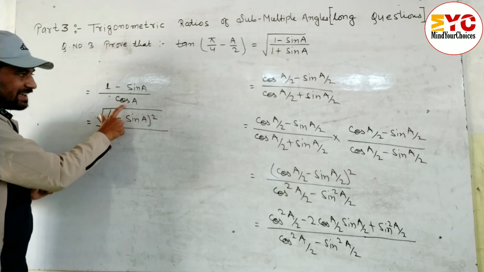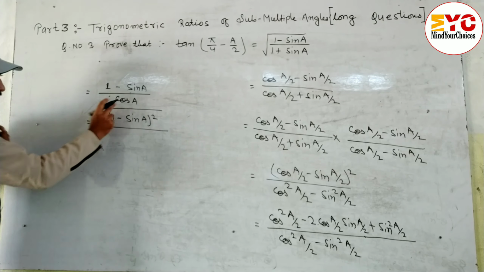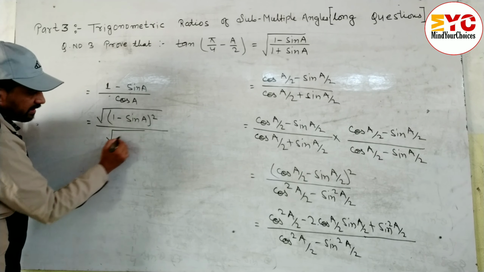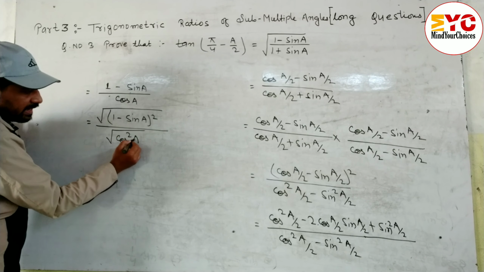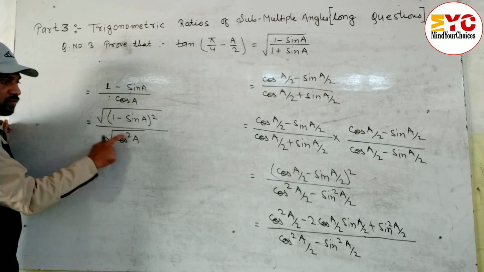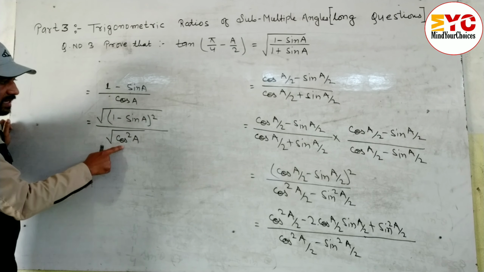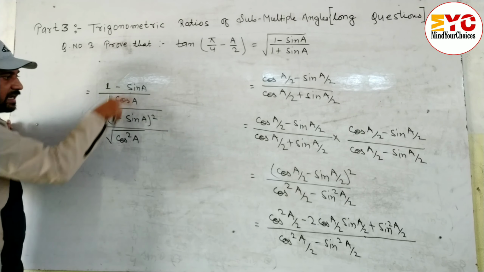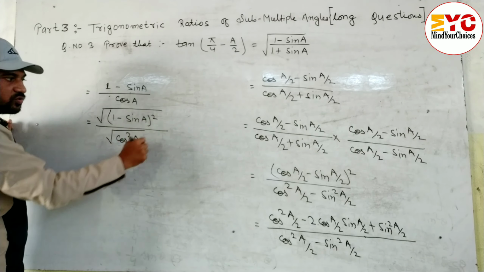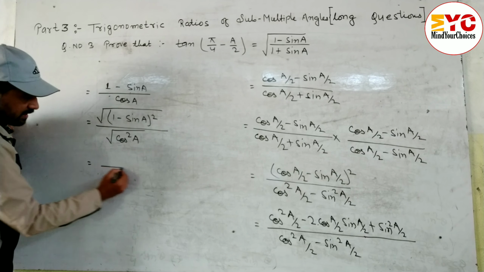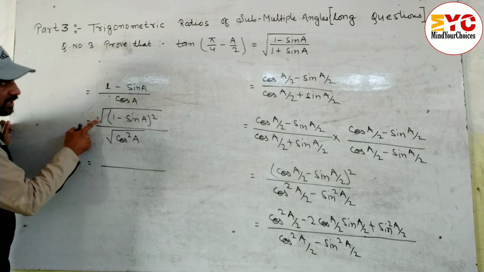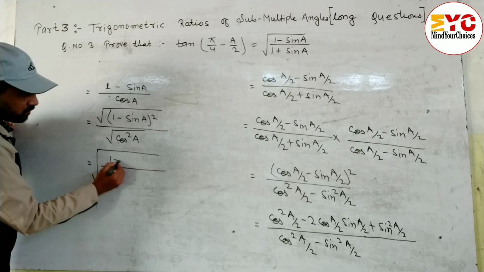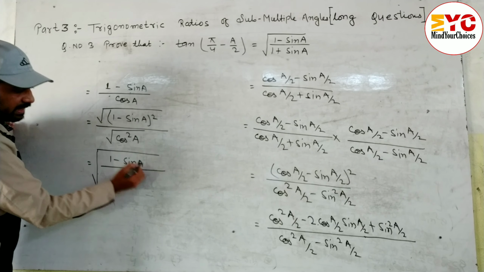Now here is cos A, but we need sin A. In the place of cos A we need sin A, so can we write cos² A? Yes, we can write; square and root cancel, so remaining cos A. Here also square and root cancel, remaining 1 minus sin A. You can write together whole square also, but here is root and here also root, so we can give one root. Now here is 1 minus sin A.